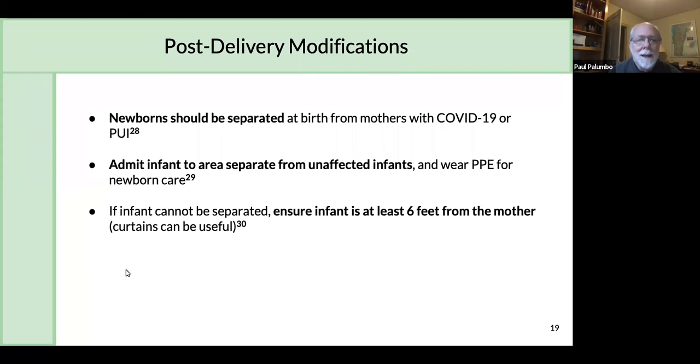We recommend admitting an infant to an area separate from other unaffected infants, and providers should wear PPE for newborn care. If an infant cannot be separated for any of a number of reasons, we try to maintain some separation of the infant from the mother. Curtains or plexiglass shield can be useful in facilitating this. Next slide, please.